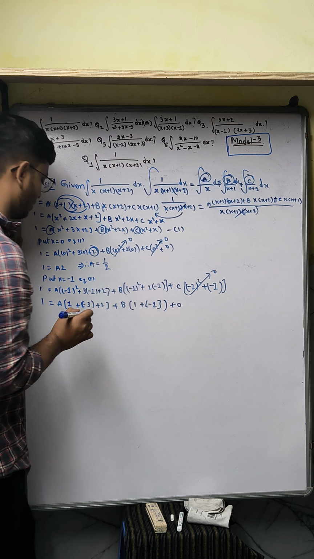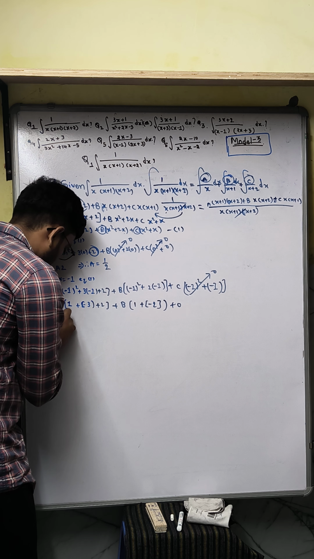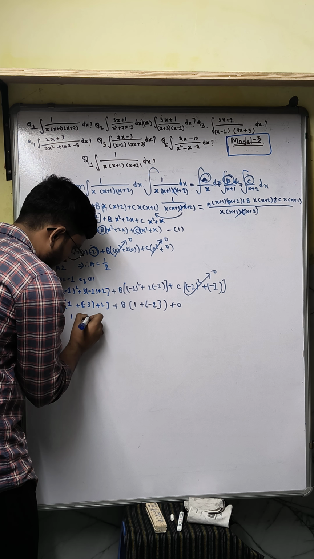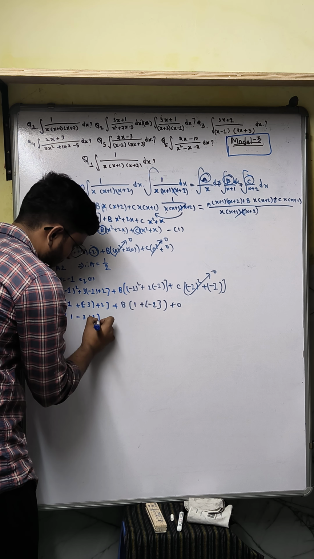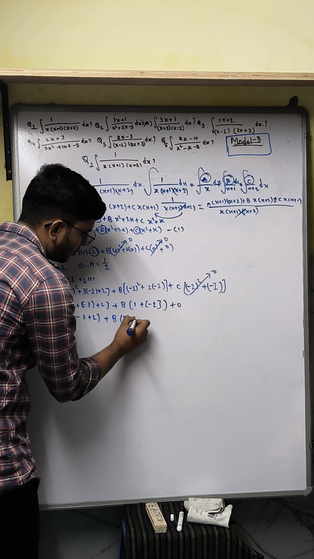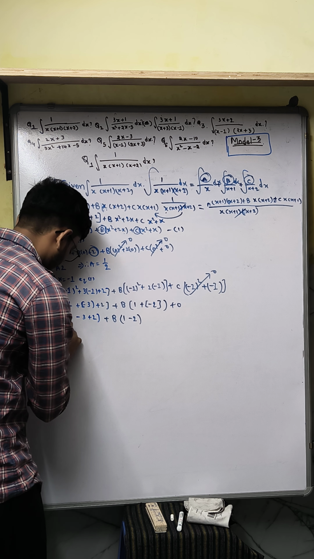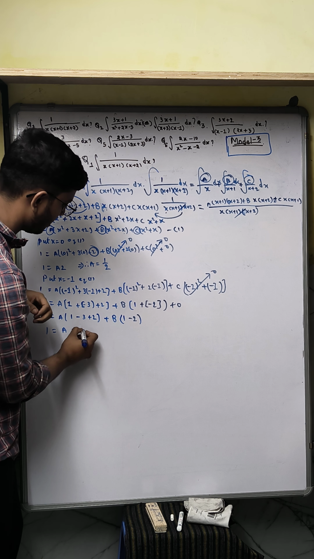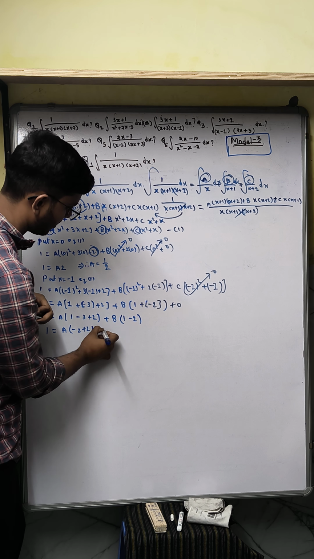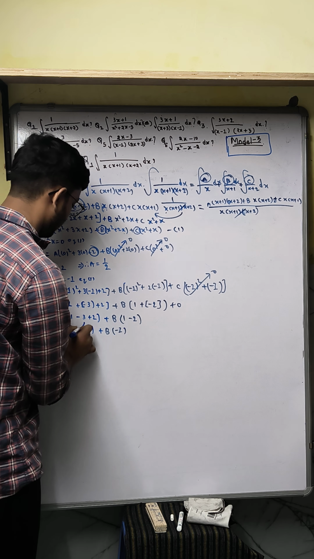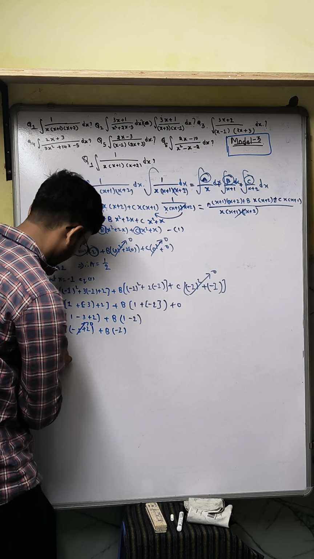C means constant. 1 is equal to a(1 minus 3 plus 2) plus b(1 minus 2). 1 is equal to a(minus 2 plus 2) plus b(minus 1). This is 0, a is 0.